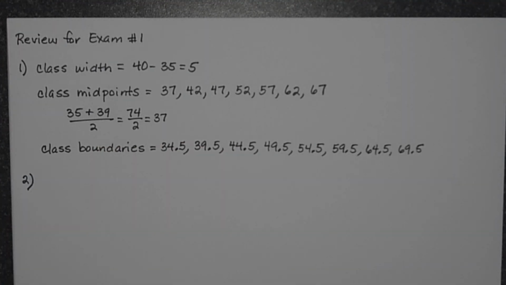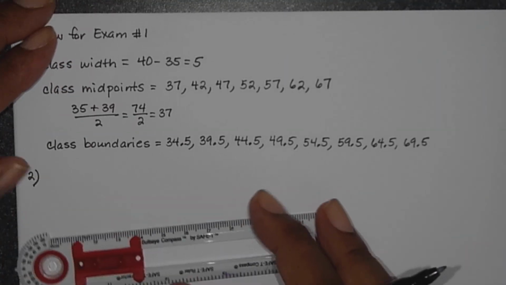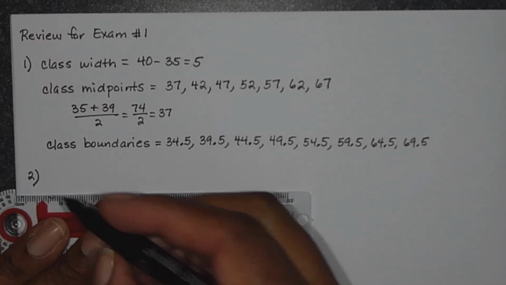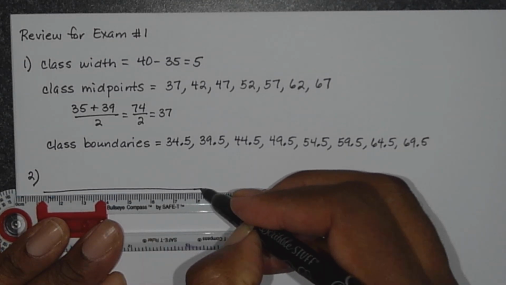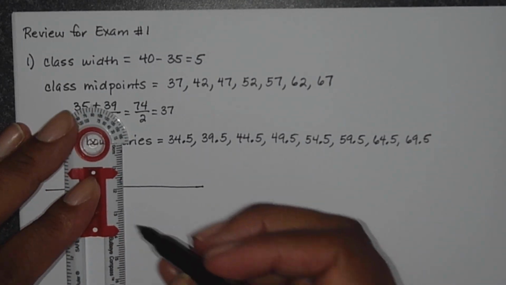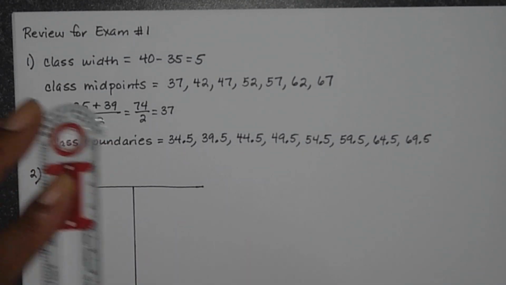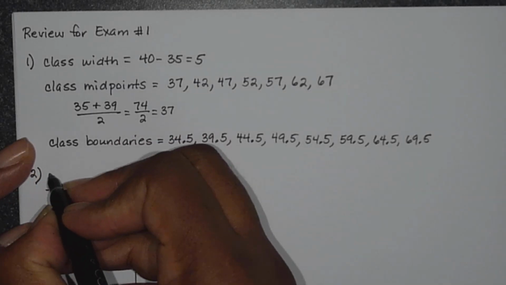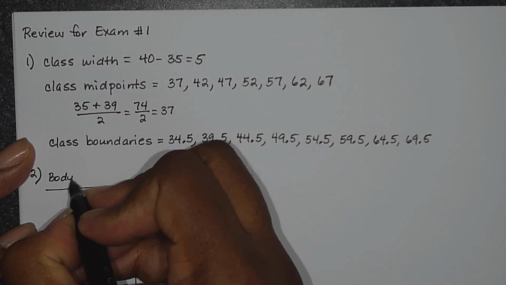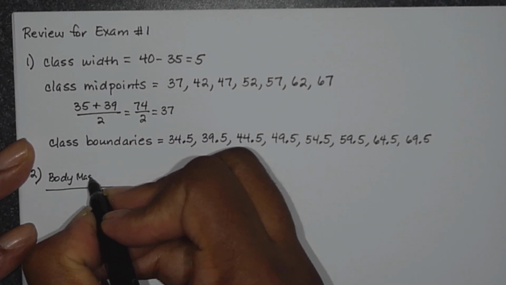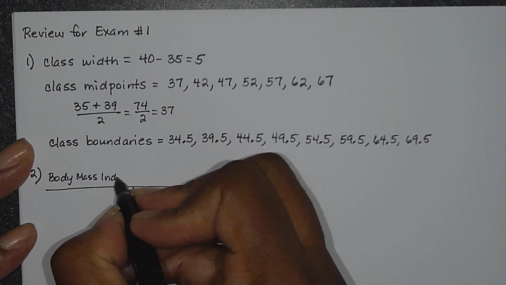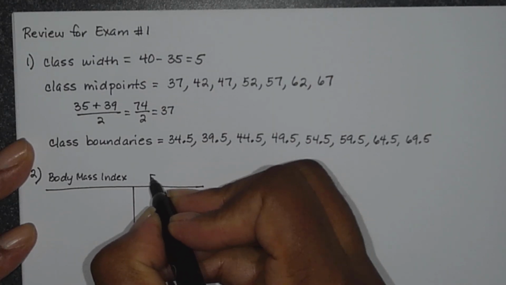So in this case here, we're going to start with the frequency distribution. Pretty much looks like this. So here we have the body mass index, or BMI.